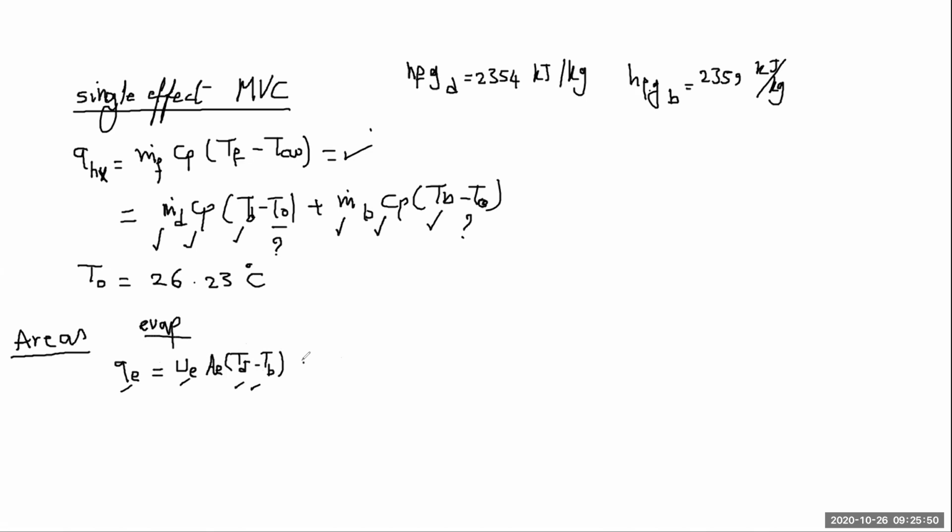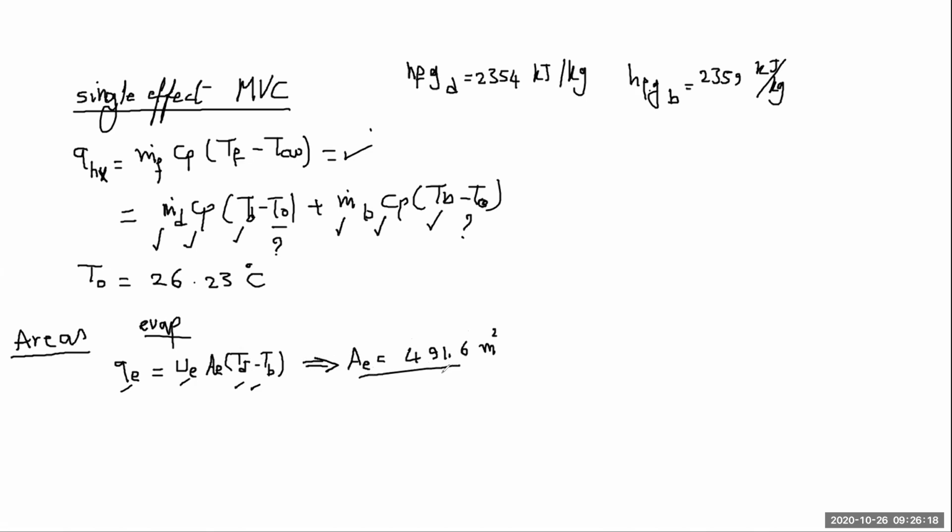So from here, we can simply calculate the area of the evaporator. You see now it is being made easy because we have neglected the sensible heating part. So it's only considering that there's a constant temperature difference and approximately this value can be calculated and the value is 491.6 meters square.